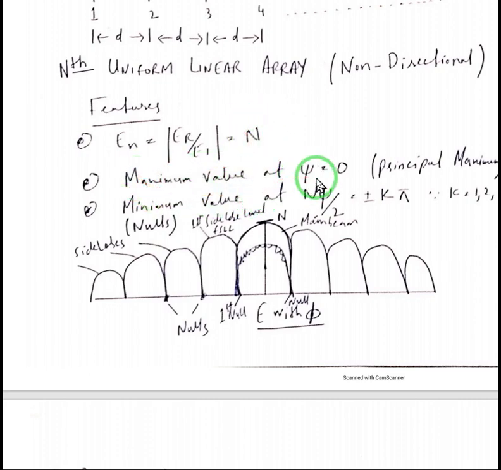The maximum value occurs at psi equals 0, that is called the principal maxima. The minimum value occurs at n psi over 2 equal to plus or minus k pi, where k is from 1 to n. This is called the principal minima.